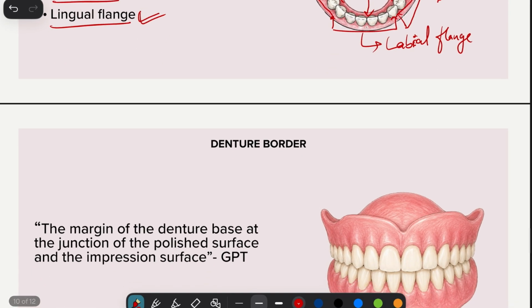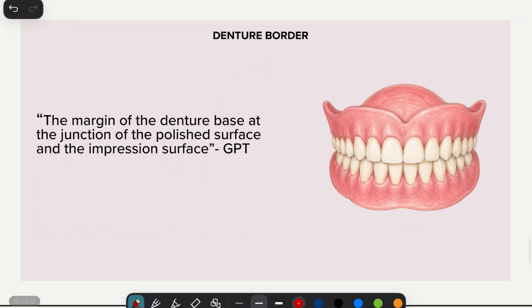Now we can move on to the denture border. The margin of the denture base at the junction of the polished surface and the impression surface is the denture border. This portion that you can see here is the junction between the polished surface and the internal impression surface.